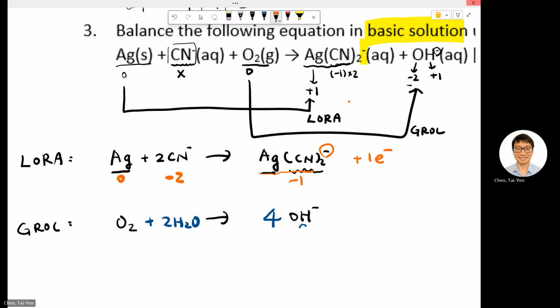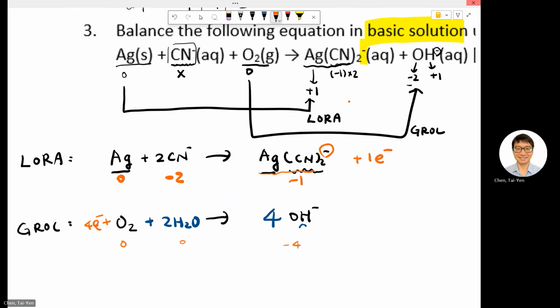Then if you look at your G-rock, you can see O2 doesn't carry any charges. H2O doesn't carry any charges. 4 OH minus actually carries -4 charges. So to balance the charge of your G-rock, we know we need to add in 4 electrons on the reactant side.